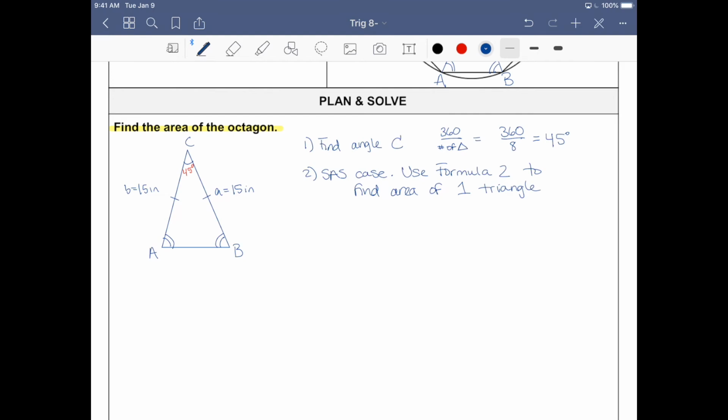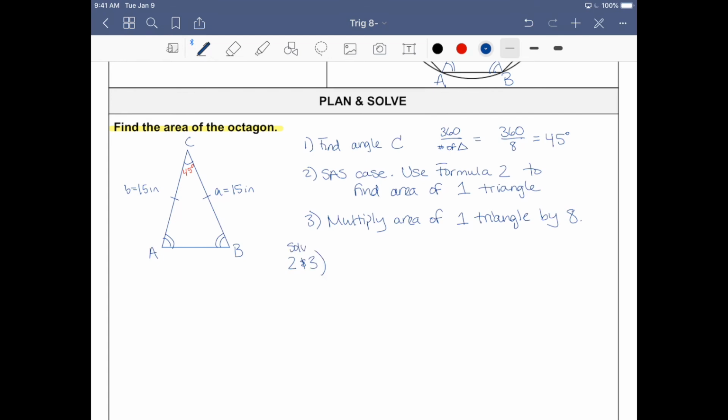And once I have the area of one triangle, I multiply it by the number of triangles we have in the octagon, which is 8, because I have 8 triangles. So I'm going to combine steps 2 and 3 together when I actually solve this.